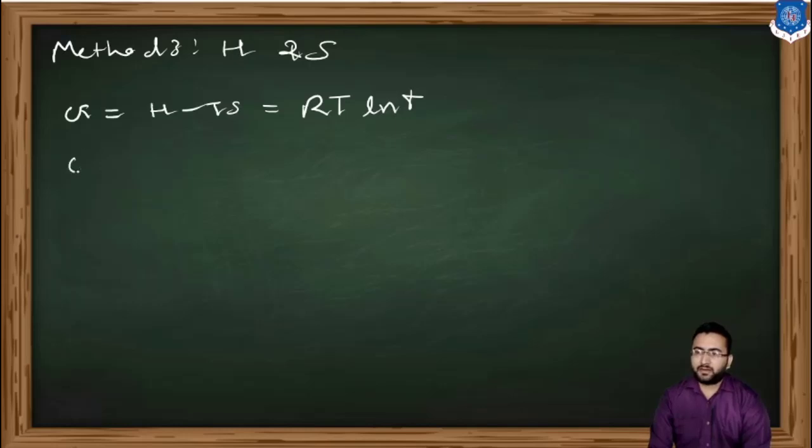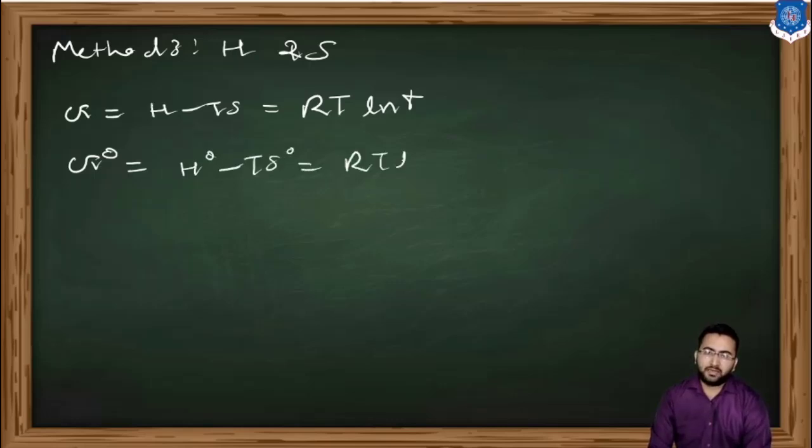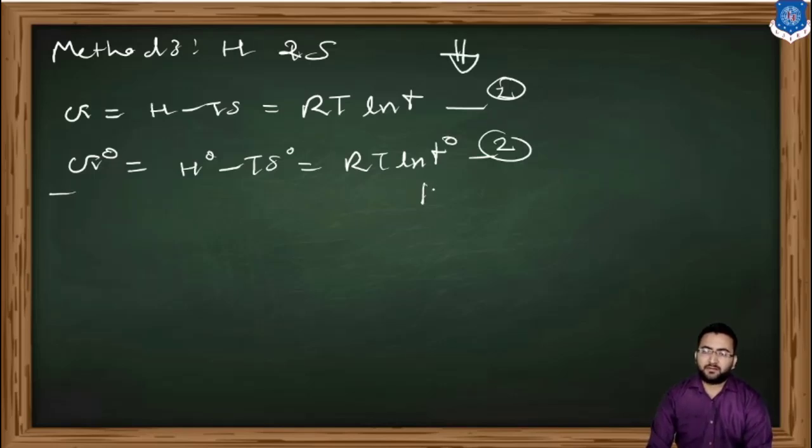At the standard state, G naught is equal to H naught minus T S naught, equal to RT ln f naught. Let's suppose this is equation number 1 at the real state, and equation number 2 is for the standard state.